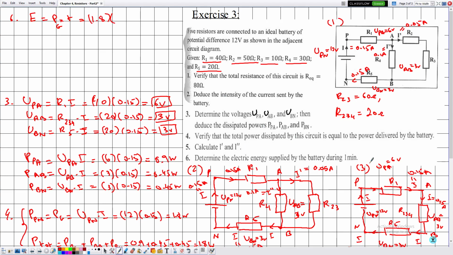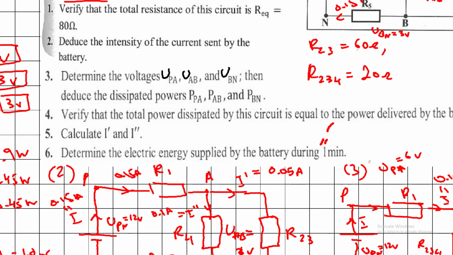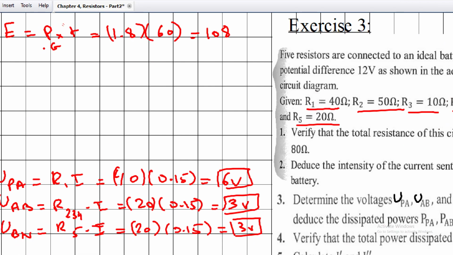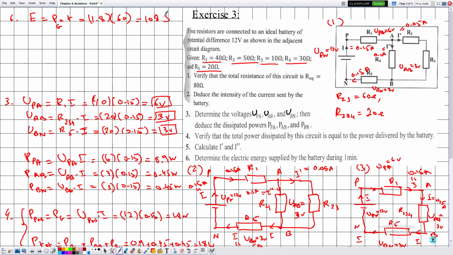Now as for time, this is 1 minute, which is equal to 60 seconds. Then 1.8 multiplied by 60 is equal to 108. Since both P and T are expressed in the SI, the value of E will be in the SI, which is joules. Then the energy E is equal to 108 joules.